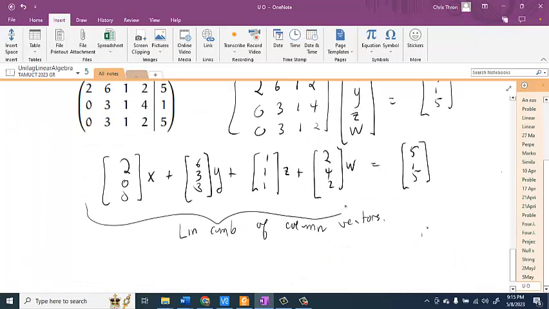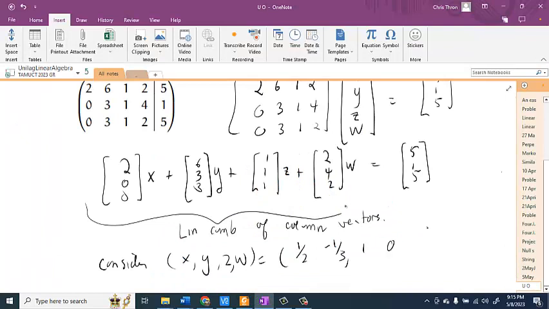So let's consider the case where (x, y, z, w) is equal to (1/2, minus 1/3, 1, 0). Now, we know that this is a homogeneous solution.